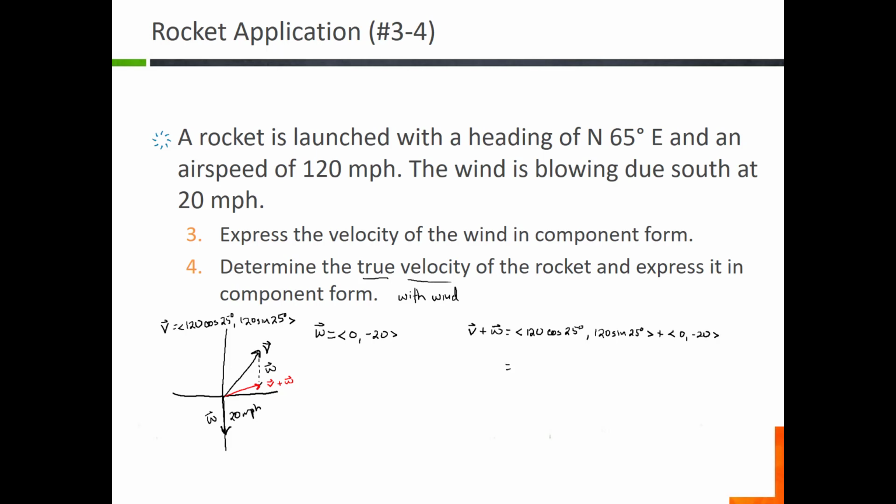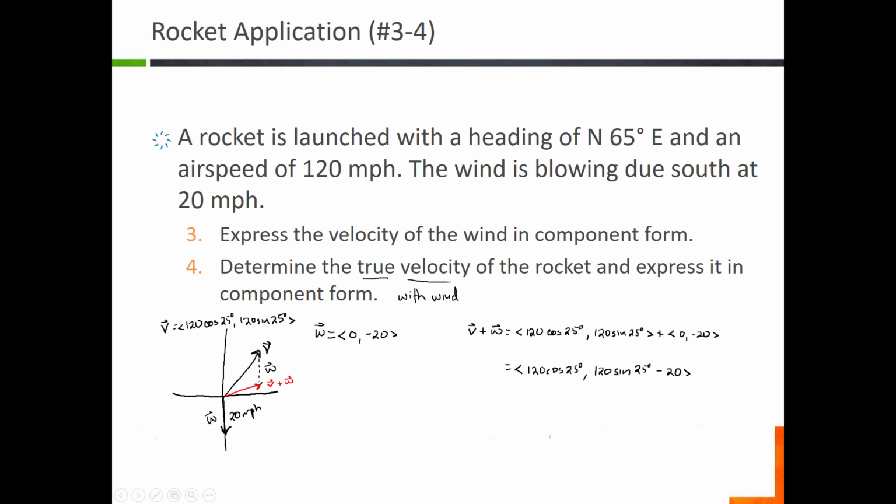So we add the corresponding components. We're going to have 120 cosine of 25 degrees plus 0, which we don't need to write, and then we have 120 times the sine of 25 degrees plus that negative 20, so minus 20 there.